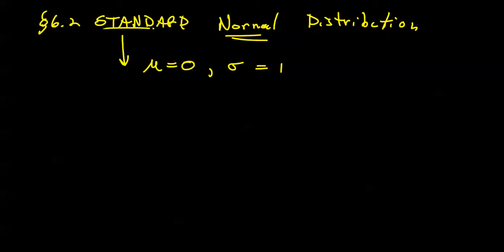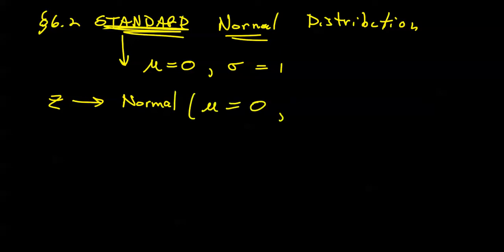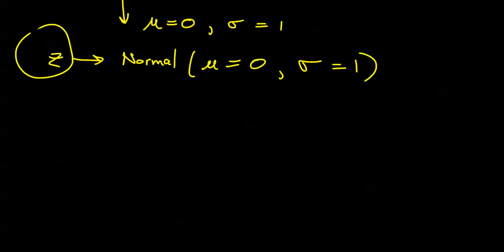This standard normal is so special we reserve the letter Z to indicate a standard normally distributed random variable. So Z is a normal distribution with a mean of 0 and a standard deviation of 1. When I see the variable Z in this context, right away I know that is reserved for the standard normal distribution.